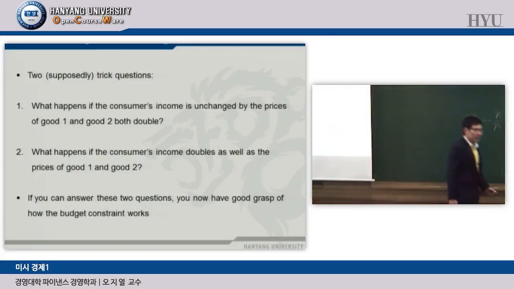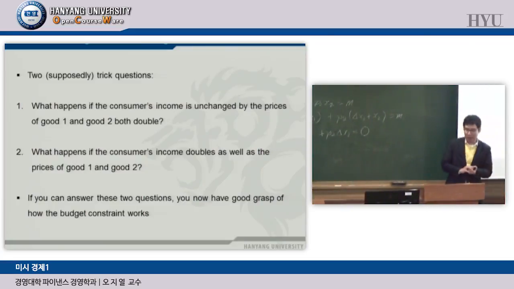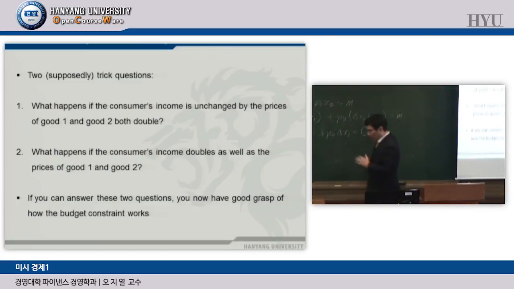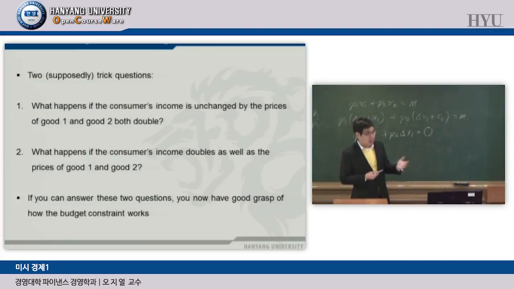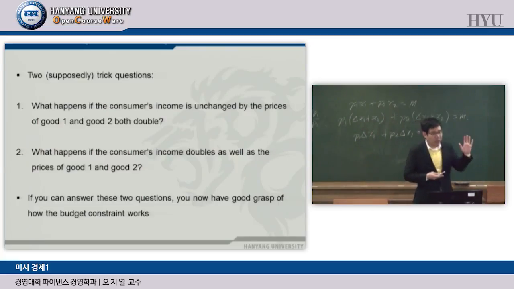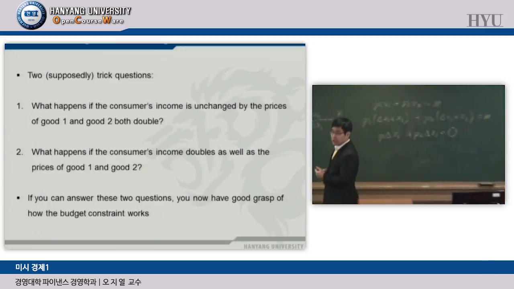Suppose that, now Anders, you're living in Denmark, okay? Suppose that Copenhagen and Seoul are the same in living terms, okay? But it's about 1,200 won to a euro, 1,400 won to a euro, something like that, isn't it? So let's just assume that it's 1,000 won per euro, just to be clear in terms of calculation.